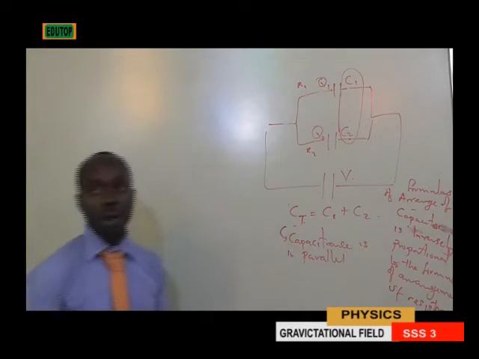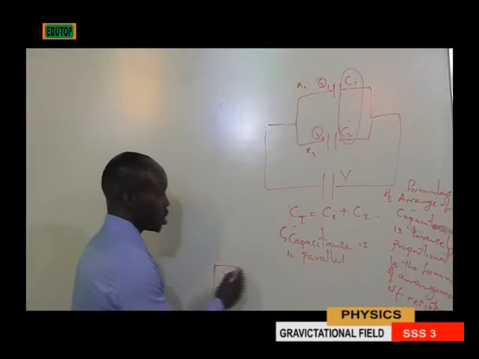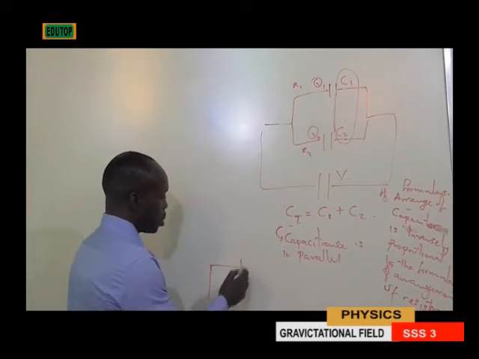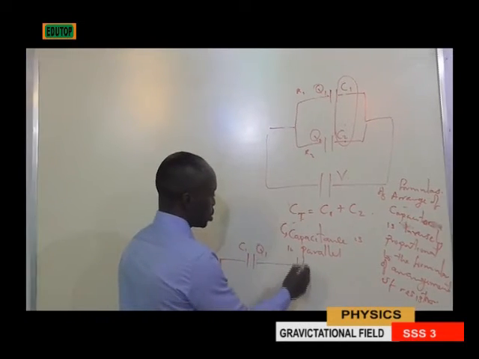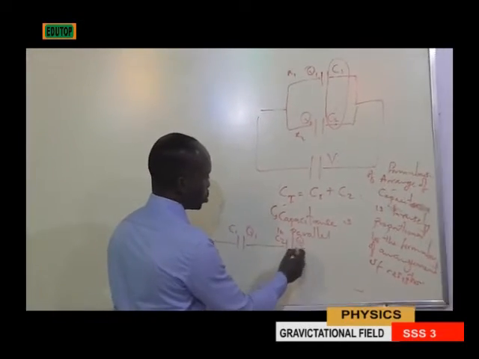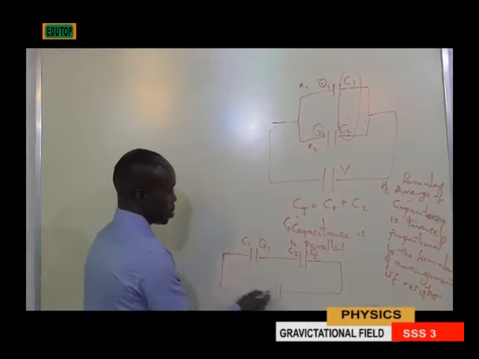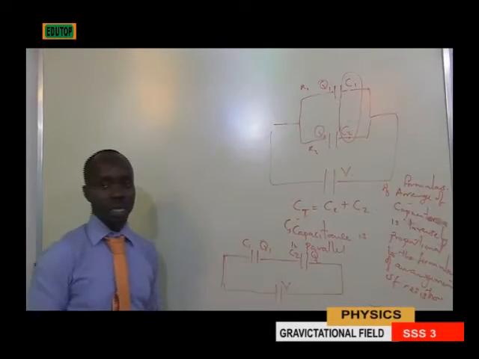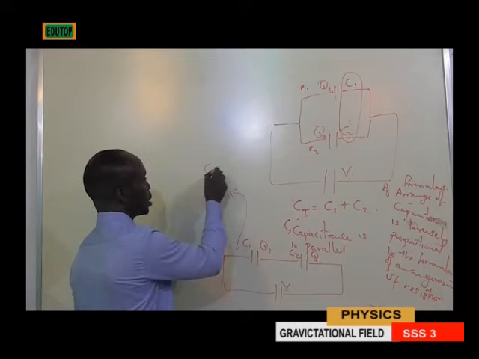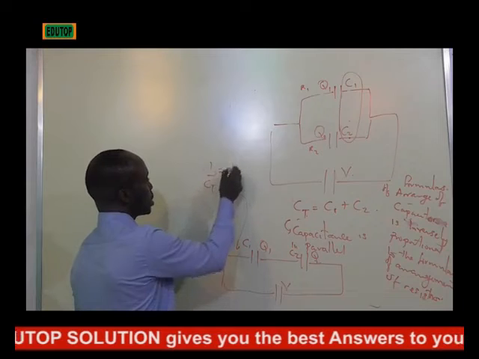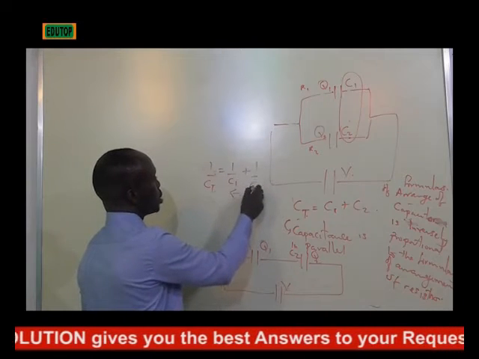You get? Now, when the capacitance is in series, you have your C1, Q1 equals C2, Q2. Now, if you have something like this with the same potential difference, you realize that the total capacitance CT will now be 1 over CT equals 1 over C1 plus 1 over C2.